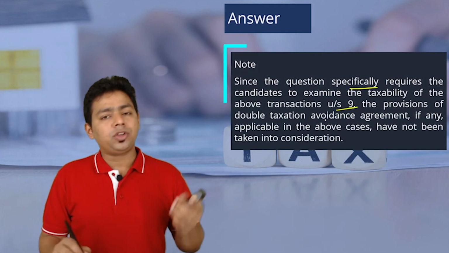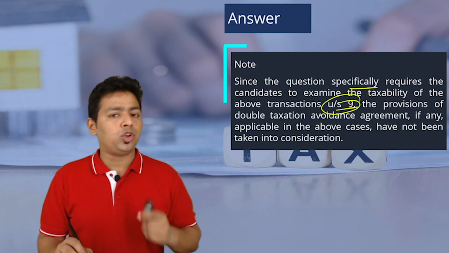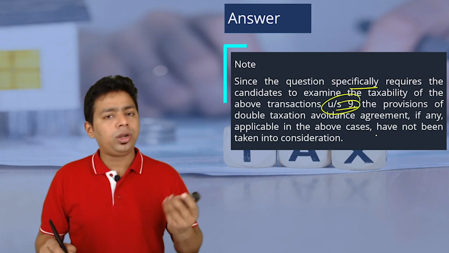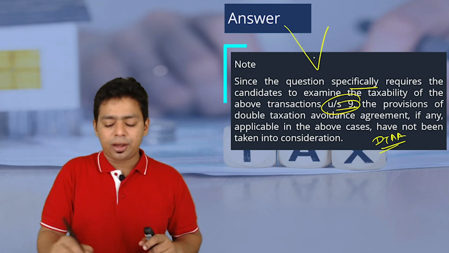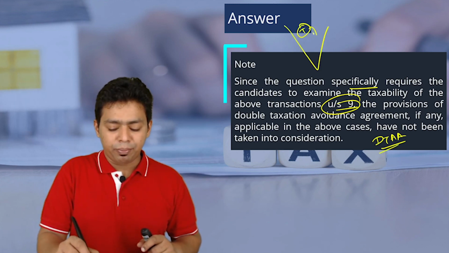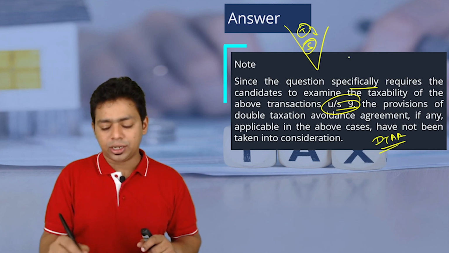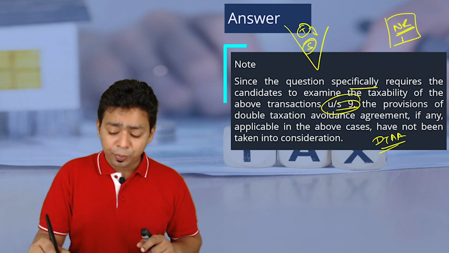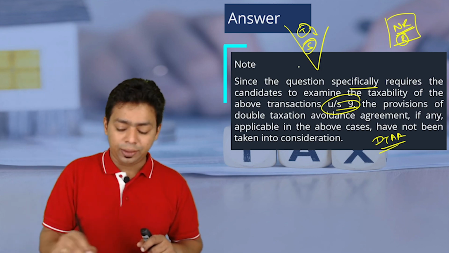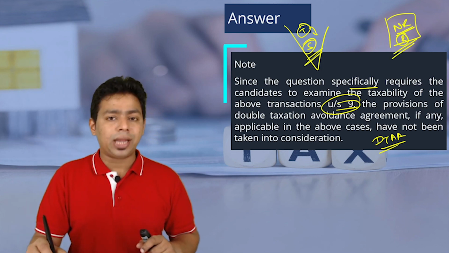Sir, the question was very much specific to follow the provisions of section 9, and we have not covered DTAA provisions, but definitely when India is taking tax by linking the source of income here, and a non-resident is liable to pay tax in his own country, there will be an incidence of double taxation.